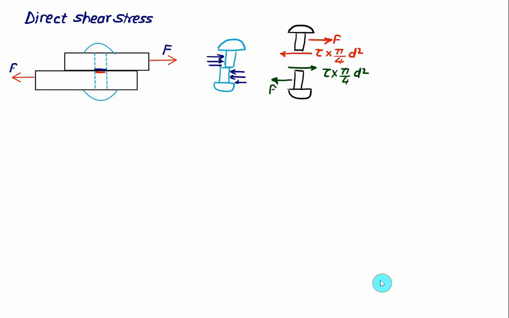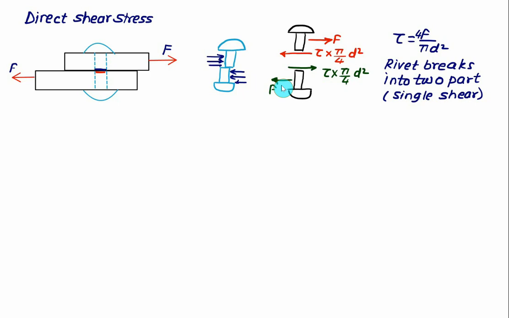So tau represents the direct shear, equal to force upon pi by 4, so we have 4 times F divided by pi into d square. If the rivet breaks into two pieces, it is called a case of single shear.